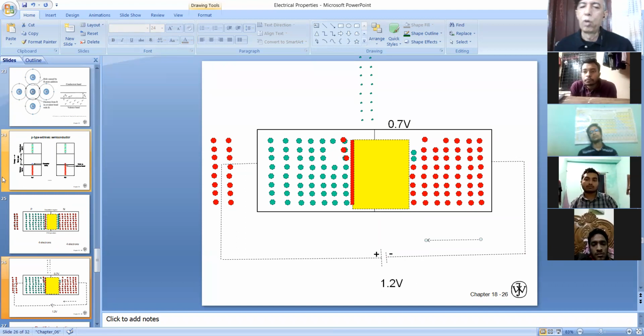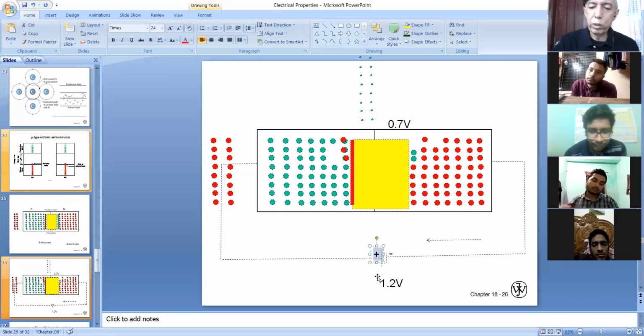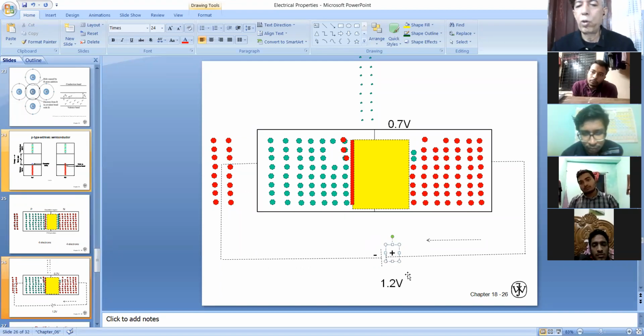Now, what will happen if the battery is changed? Say for example, positive becomes negative, and this negative becomes positive. What will happen?